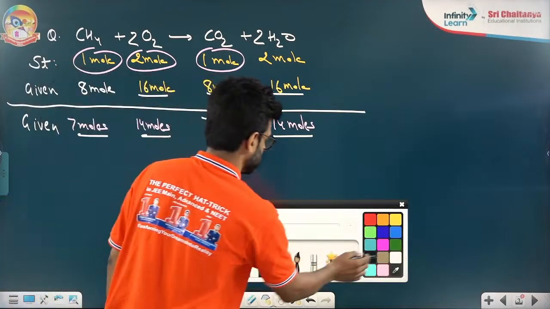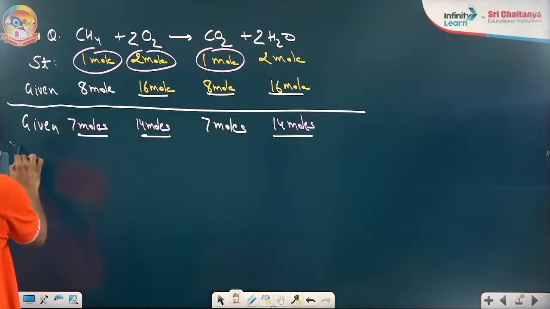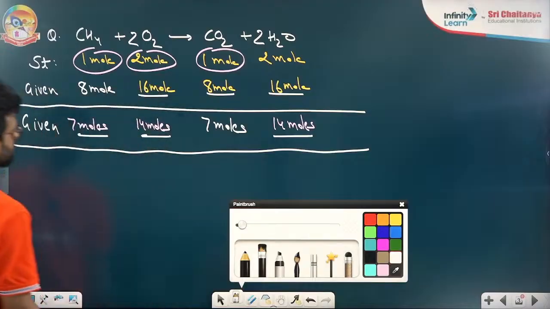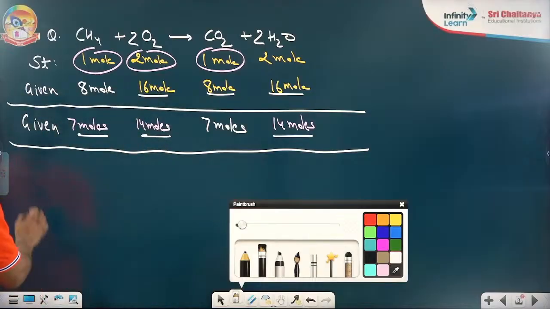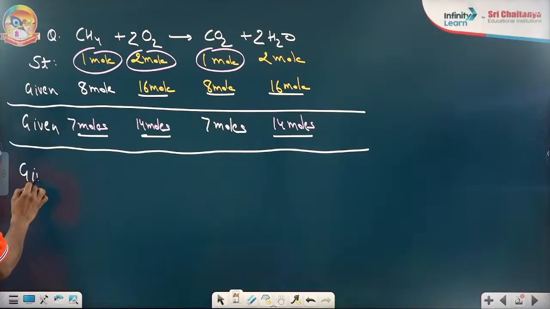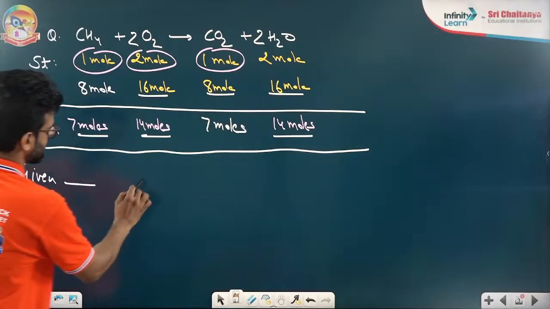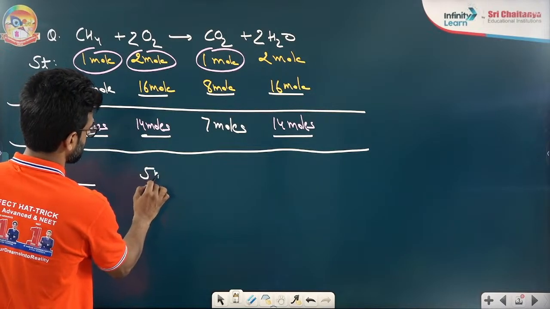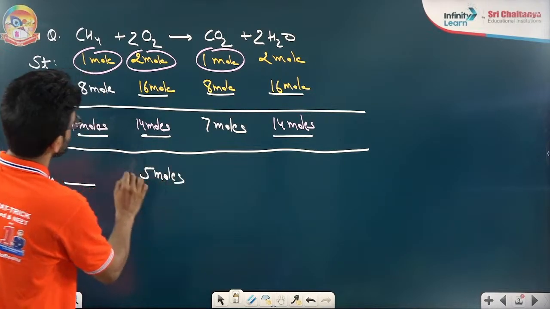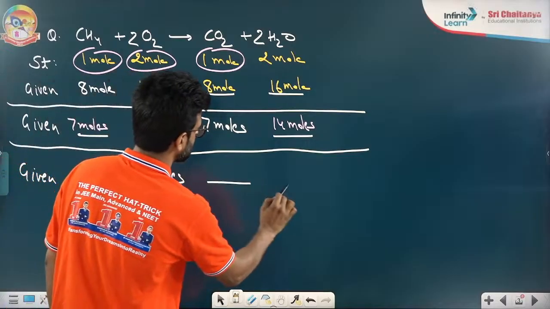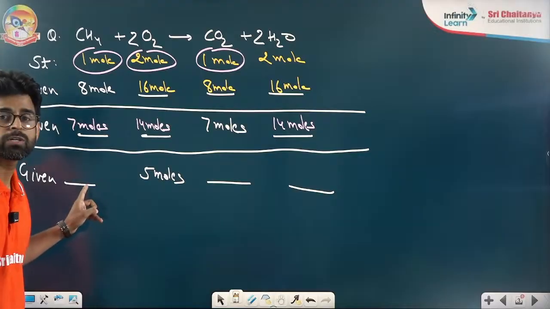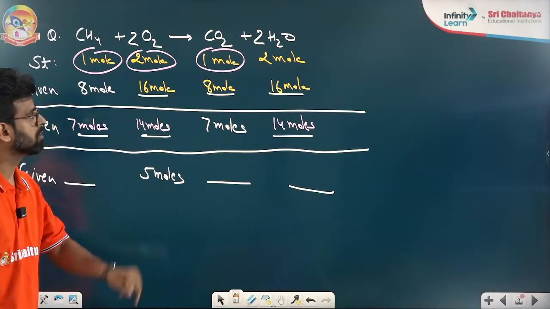Just unitary method. Now, one more I'm asking. Same type only, same question. Okay? So imagine I have 5 moles of O2. I need how many moles of CH4 to completely consume 5 moles of O2?